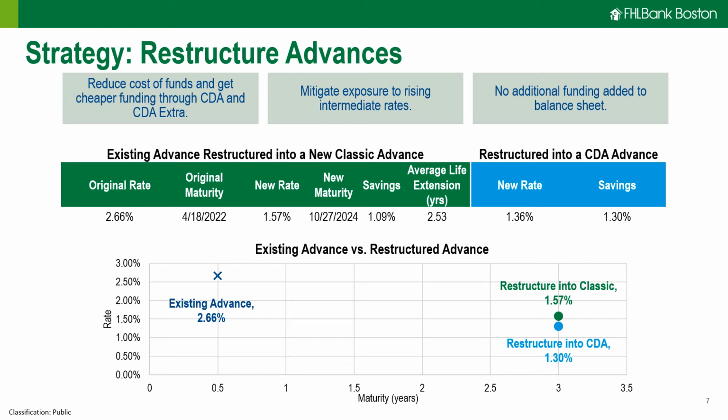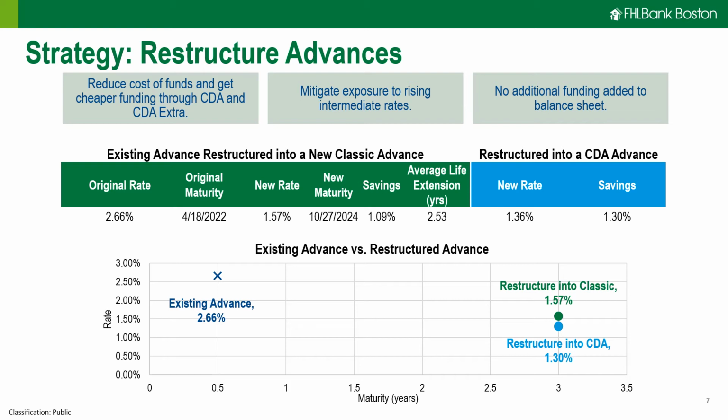This chart here is showing you get savings from 109 basis points with the typical classic restructure to 130 basis points with a CDA structure. A little over 20 basis points additional savings on that.